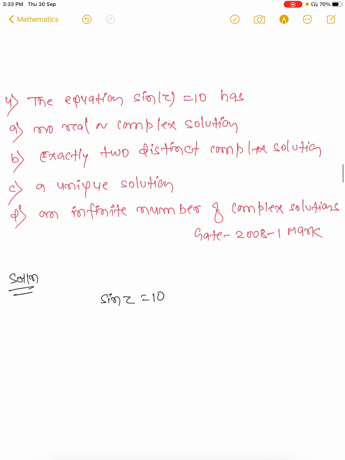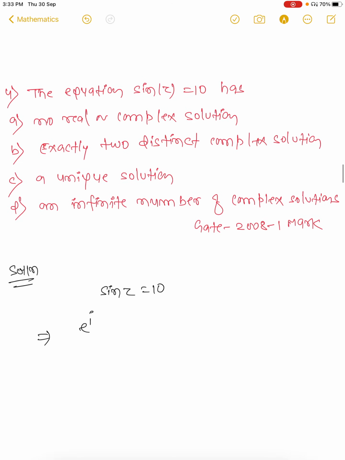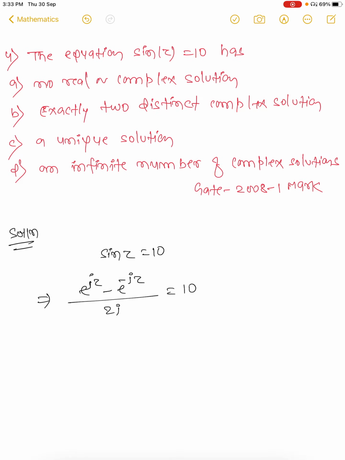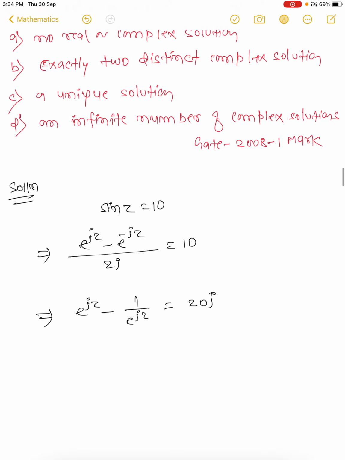Sin z is equal to 10, and we can write sin z as e to power jz minus e to power minus jz over 2j. I am indicating the complex unit as j; you can write i also, no problem. So what will happen here?